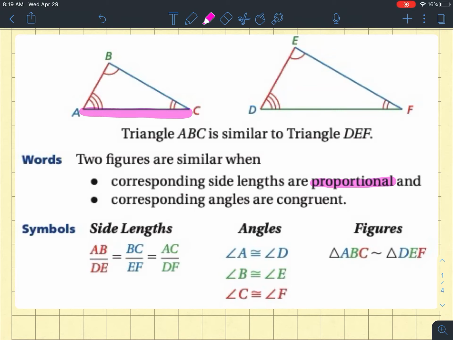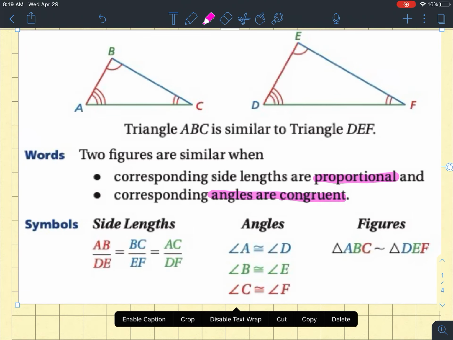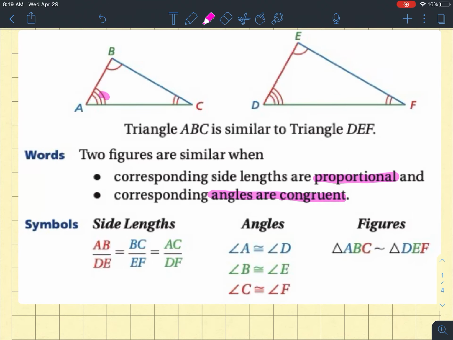AC and DF are proportional to one another. Corresponding angles are also congruent, and we already reviewed that. So corresponding angles are congruent. So like we said, B and E are the same. A and D are the same. And C and F are the same.